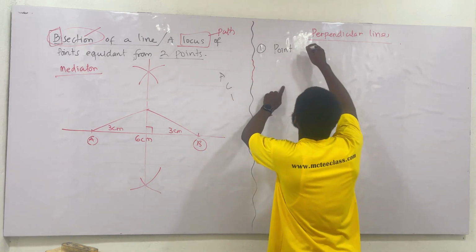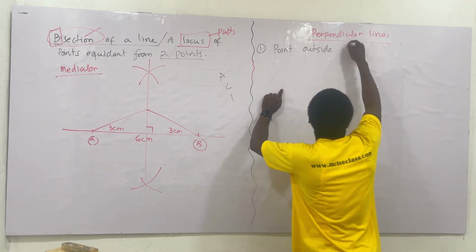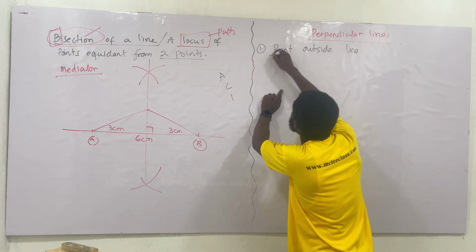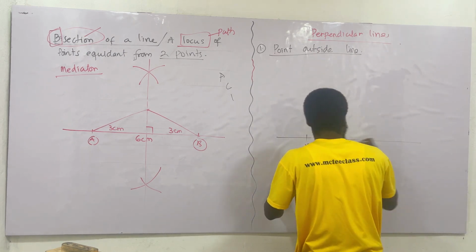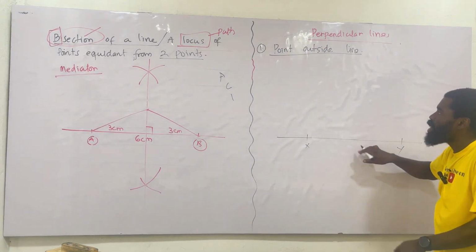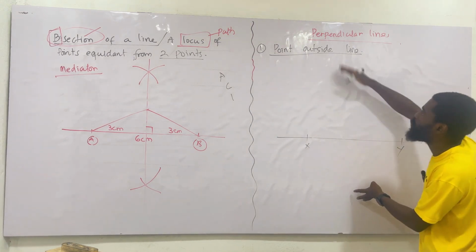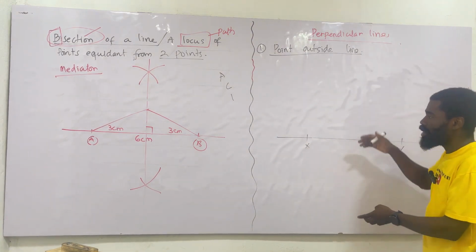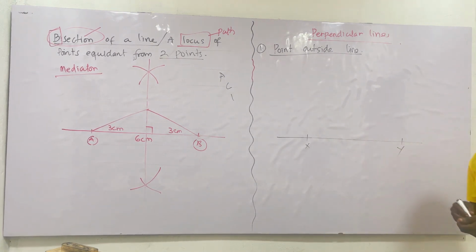So with a point outside the line, this is the first perpendicular. So if this is my line AB or XY, my line XY, I'm drawing a line that will form an angle of 90 degrees with this, but I'm starting from a point above or below. It can be anywhere. That's why I say the point is outside of the line. The point can be on the line or at one end of the line. We'll come to how to do those too.